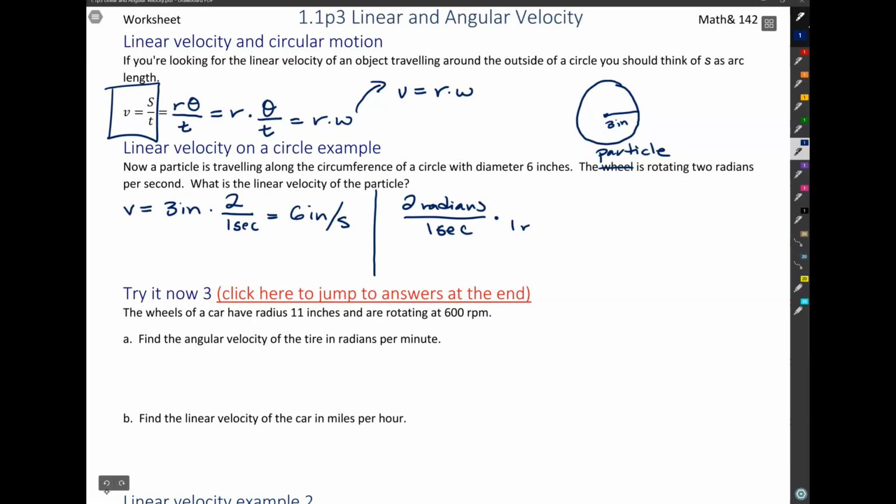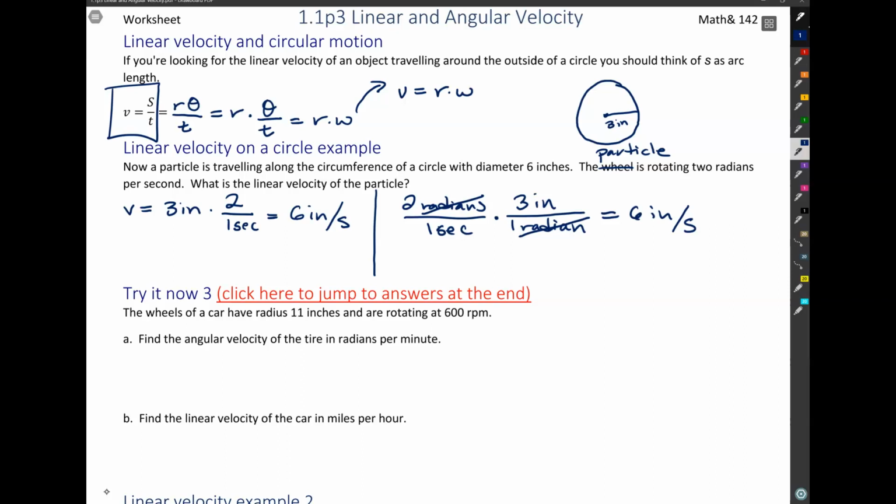A radian is the angle that you have to rotate through in order to travel your radius distance around the outside of the circle. So in this case, the radius is 3 inches. We rotate through 1 radian to travel 3 inches, and this will work out exactly the same, 6 inches per second. I'm sure there's other ways you can approach that as well, but that's the idea.